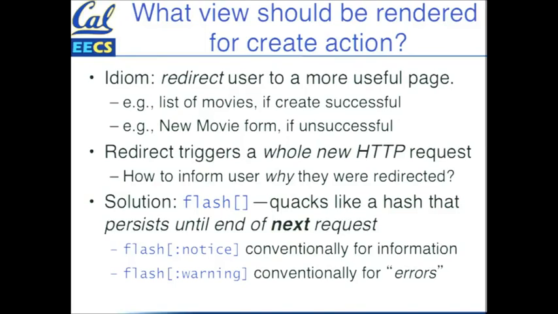Also, I should say that you can actually put any other key you want. Remember, this quacks like a hash. So you could put flash foo, and then you'd be responsible for, in your view, actually getting the text out of flash foo. That would work fine too.